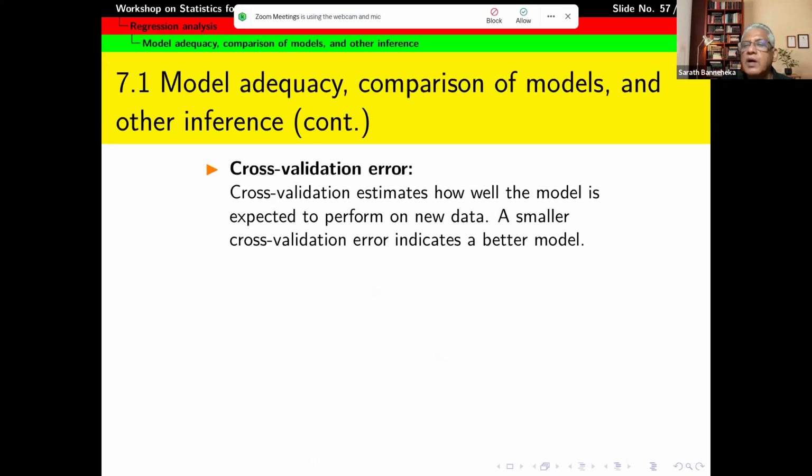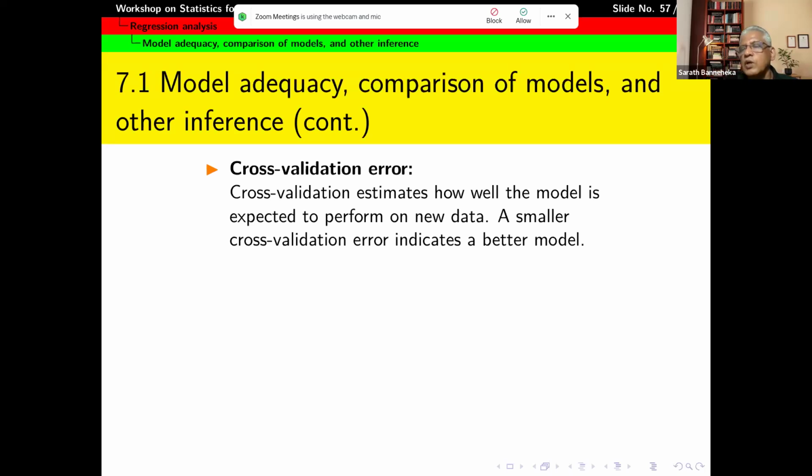And then other methods are based on cross-validation errors. Cross-validation estimates how well the model is expected to perform on new data, right? So all the previous ones were done based on the same data that we used to fit the model. But sometimes the model may be giving you good or acceptable values for the measures of goodness of fit when you are applying it to the data that you used to fit the model.